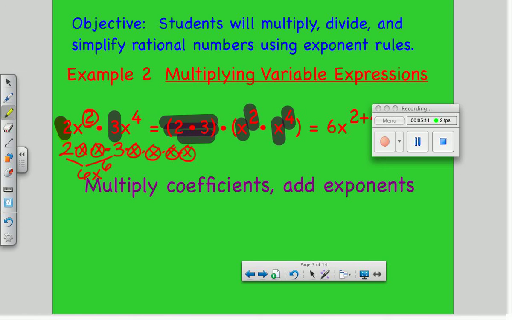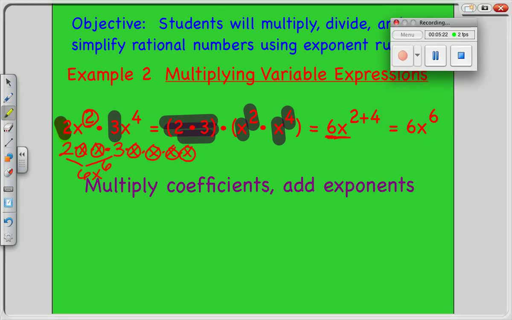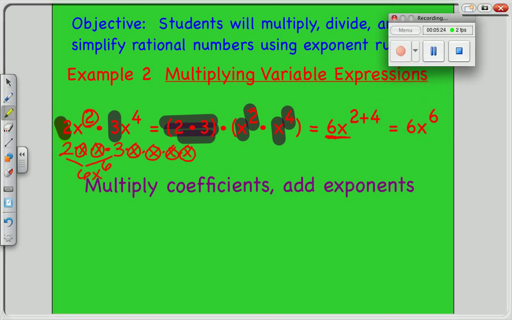So 2 times 3 is 6, which is where I get this 6 from here. Then we have the variable x, and we're going to add the exponents 2 and 4. And when you do that, you get 6. Okay? So, multiply coefficients, the numbers next to the variable, and add the exponents.